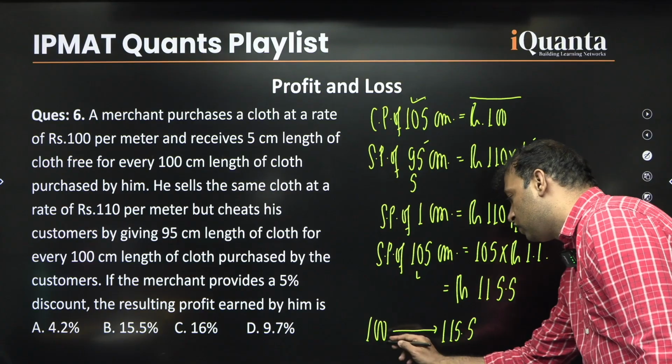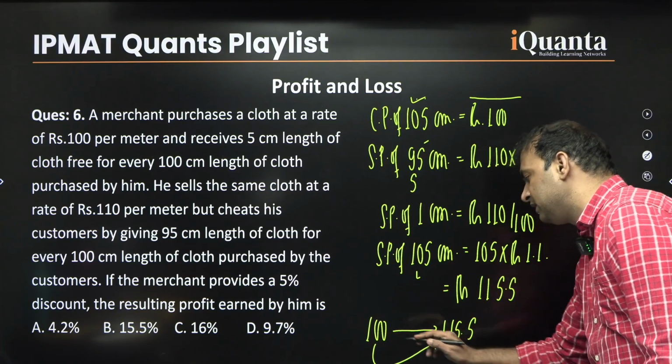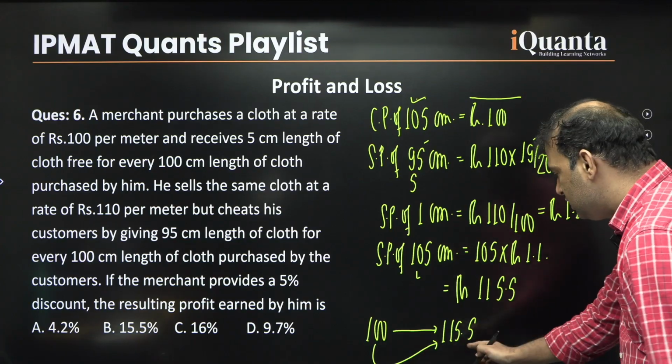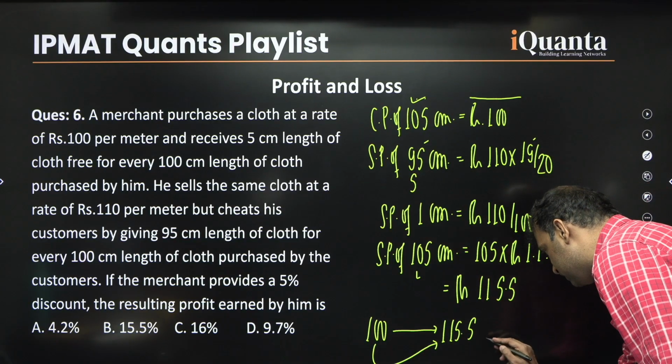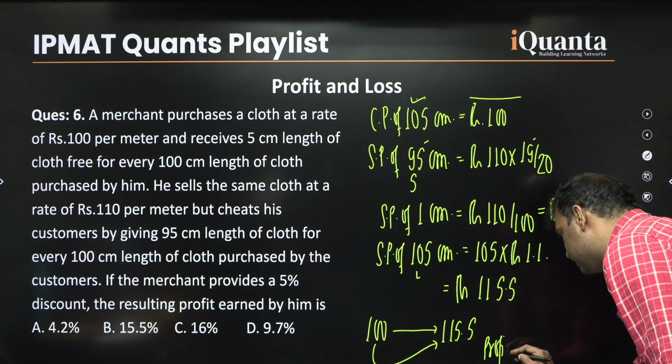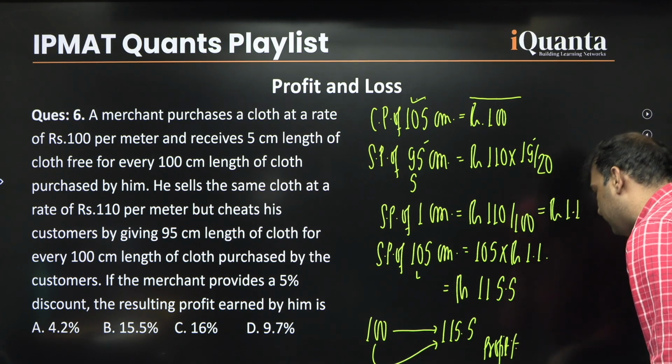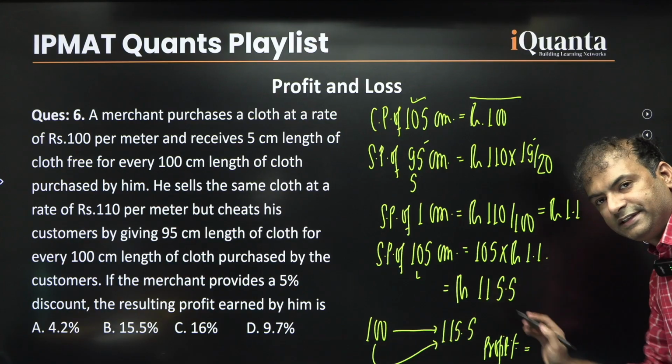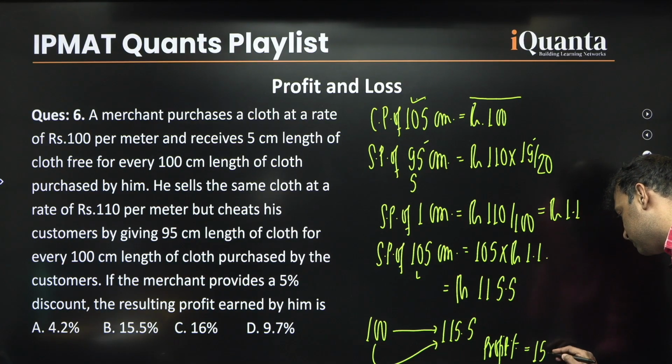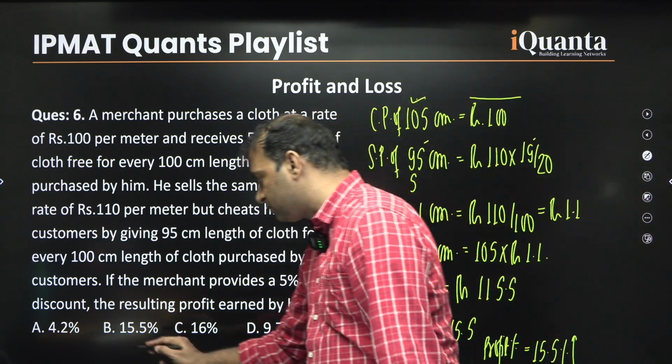Cost being 100 helped us in calculation. The profit is 15.5, and we can say the profit percentage is also 15.5. Why? Because the cost is 100, right? So we can say the profit percentage is 15.5%, which gives the answer as option number B.